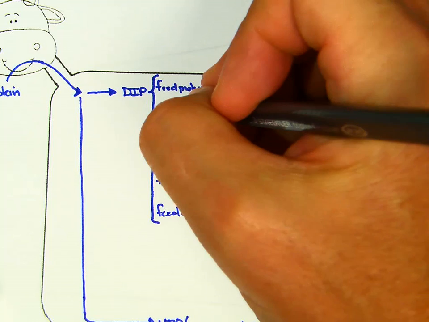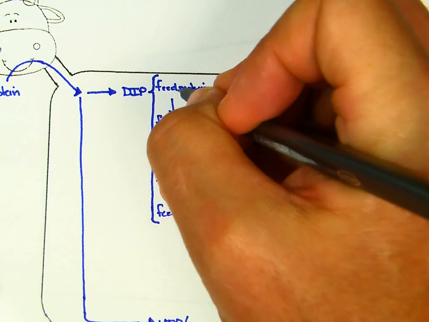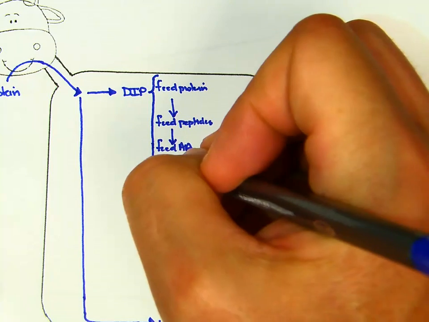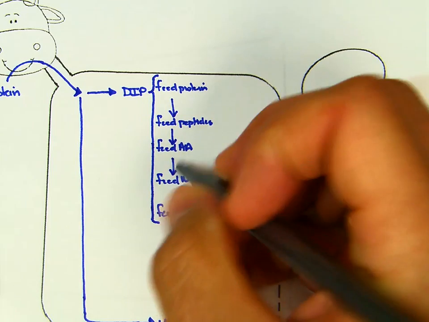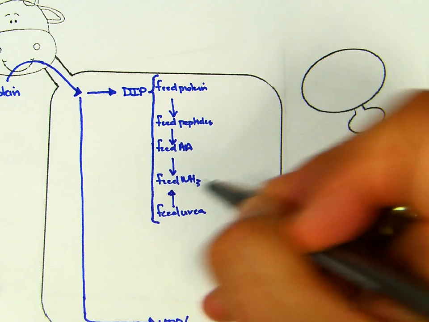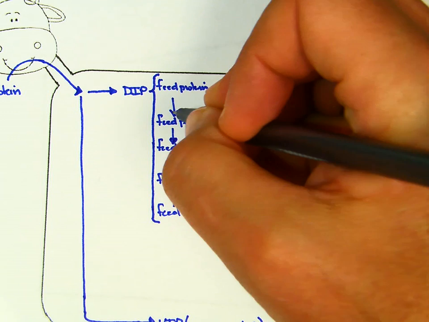And basically, the microbes are going to degrade feed protein to feed peptides to feed amino acids to feed ammonia. And in the opposite direction, feed urea can be hydrolyzed into feed ammonia via microbial activity as well.